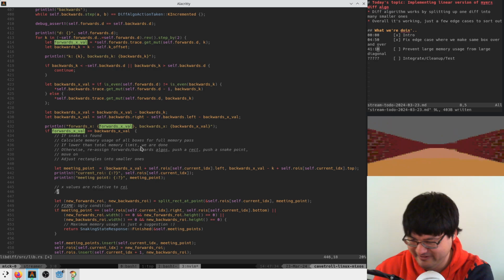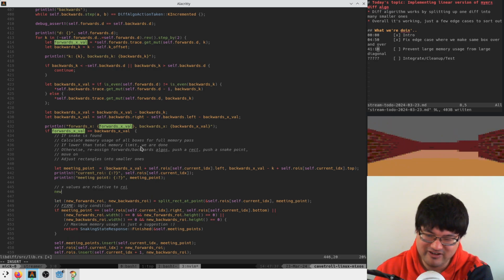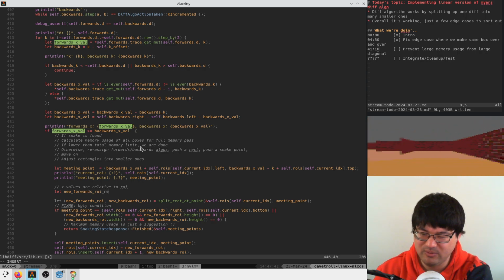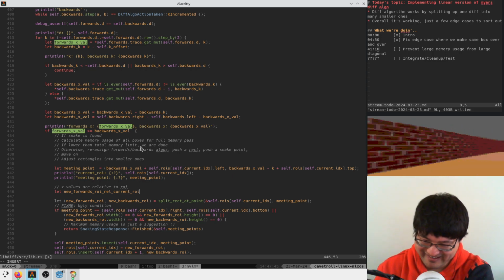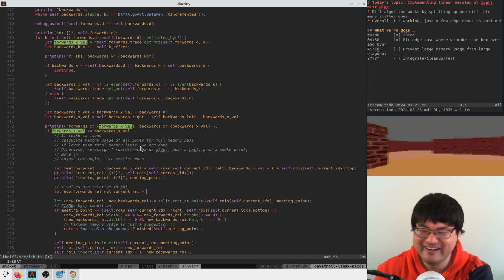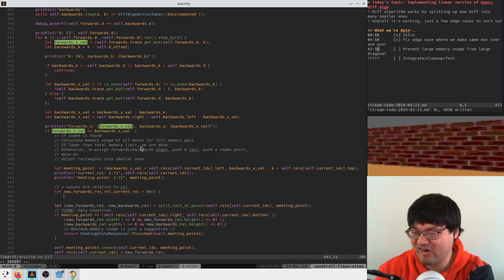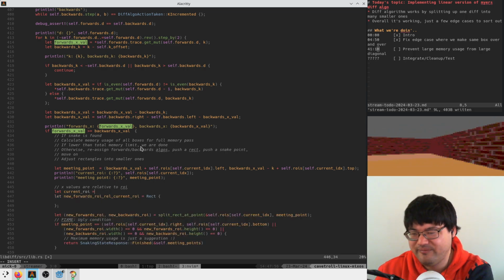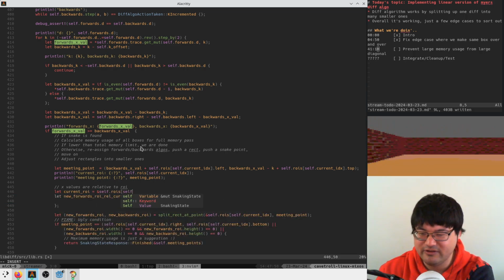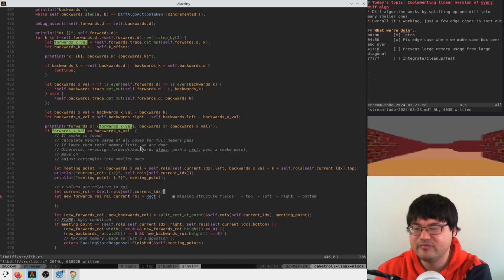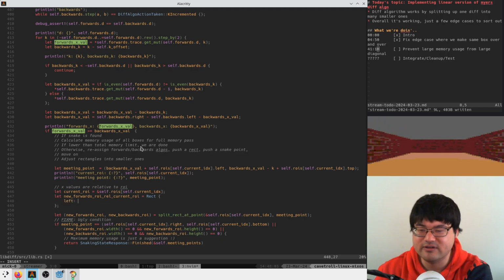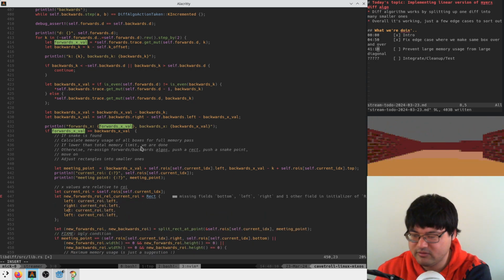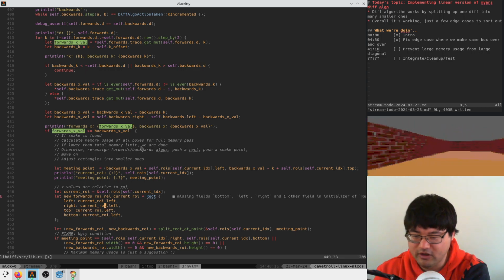So new forwards ROI rel current ROI is equal to a rectangle that takes the current ROI, which is self ROI, self current IDX, and he has left is current ROI left. We do this for right, top, bottom, yep.